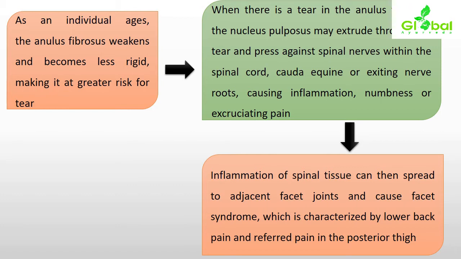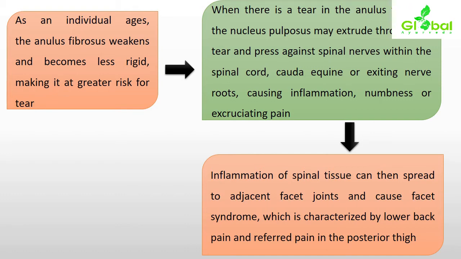When there is a tear in the annulus fibrosus, the nucleus pulposus may extrude through the tear and press against spinal nerves within the spinal cord, cauda equina, or exiting nerve roots, causing inflammation, numbness, or excruciating pain. Along with age, any kind of mechanical injury or external stress, such as excessive exercise, occupation, or other injury, can be responsible.